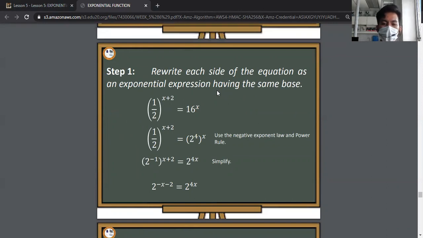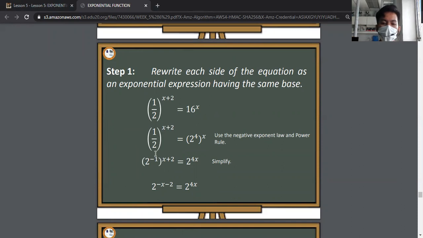So, magiging 1/2 raised to x plus 2 is equal to 16 raised to x. So, gawin po natin, yung base po natin is 2. So, 1/2 raised to x plus 2.